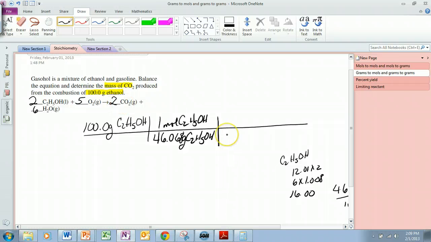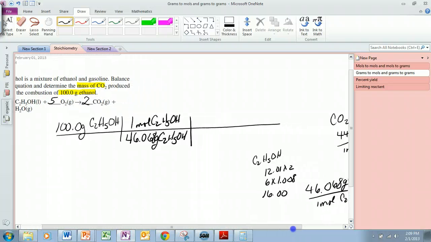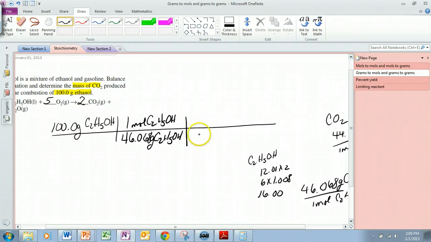And again, I strongly urge, and will not accept, you to use a reduced fraction here. I want to see the actual ratio from the balanced chemical equation. How you put it in your calculator is up to you, but you will show me the actual ratio from the problem. And now that I've got it into moles of CO2, the last thing I need to do is get to grams of CO2.